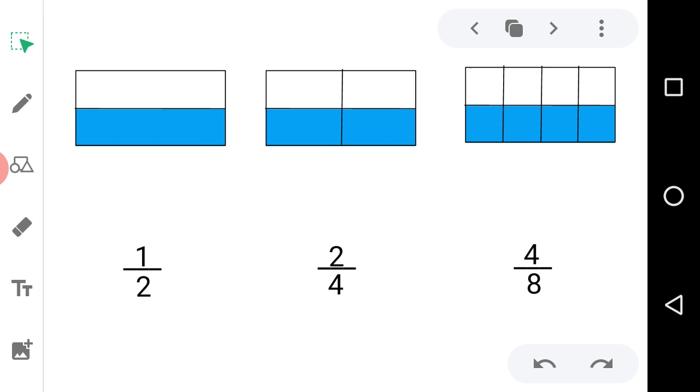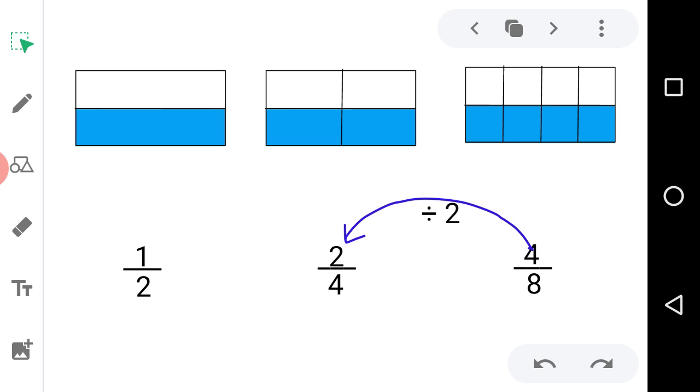Now look here. How can we get 2 upon 4 from 4 upon 8? So see, if we divide 4 by 2, we get 2.